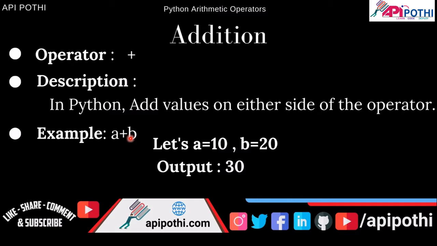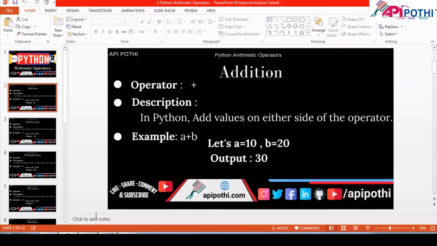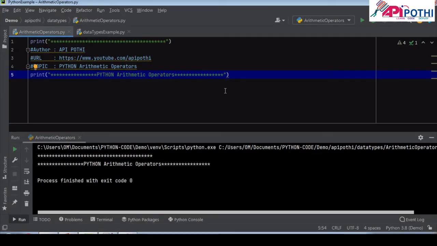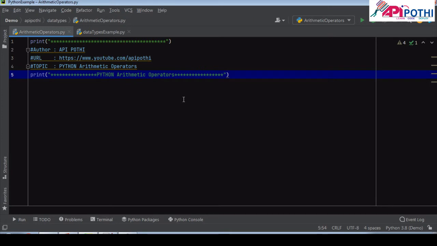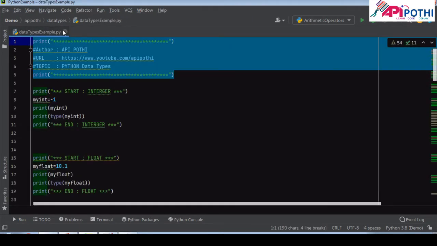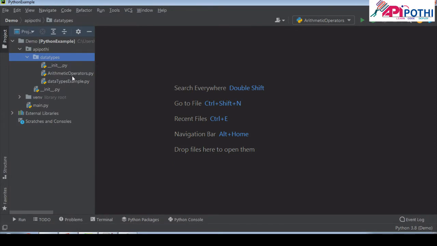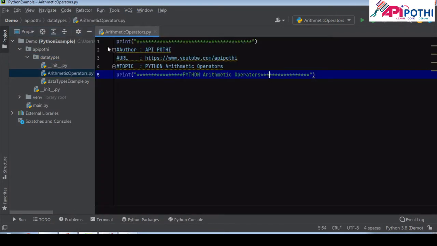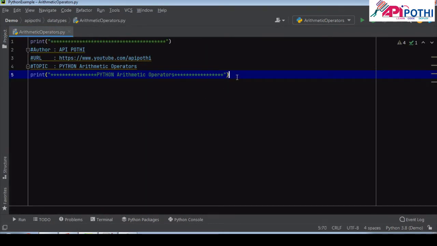Coming to the IDE that we are using here, this is our Python IDE. Here we have the arithmetic operator.py Python file created.